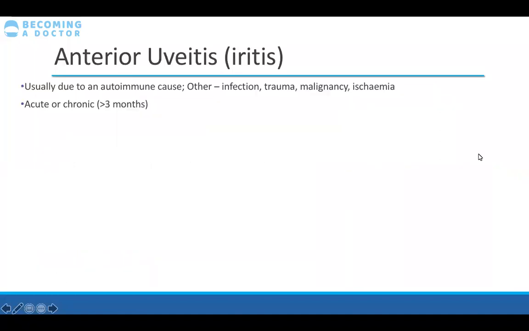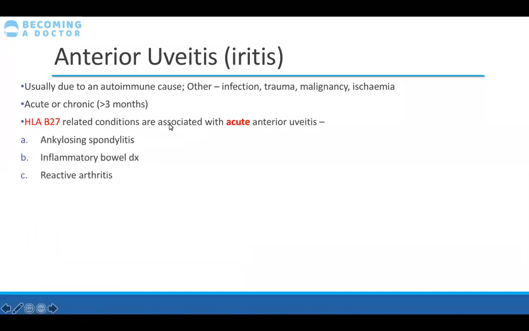Anterior uveitis is also known as iritis, and sometimes textbooks use one or the other, so it's good to know that. It's usually due to an autoimmune cause, but there can be other things such as infection, trauma, malignancies that trigger it. So about 50% of the cases you see would be due to an autoimmune cause. It can either be acute or chronic, and chronic is basically more than 3 months in this case.